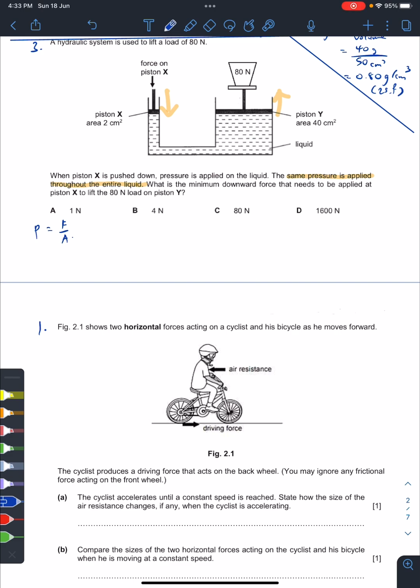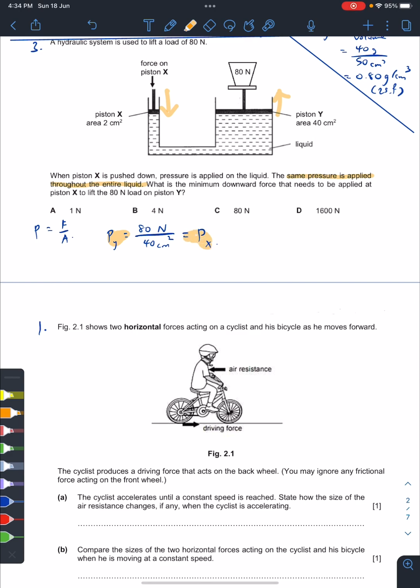So what do we know? For piston Y, the pressure at Y is equal to force, which is 80 Newton, over 40 cm². This is equivalent to the pressure at X. Why is that so?